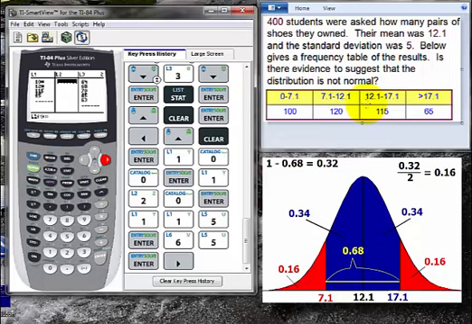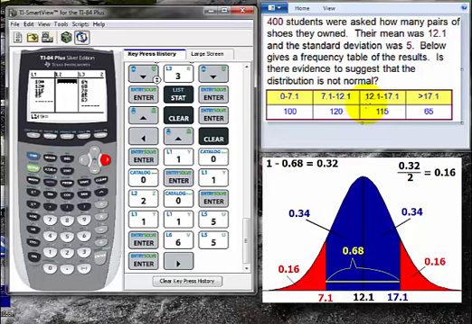Well, we know from the empirical rule that within one standard deviation of the mean, we should expect 68% of the data to lie. Well, if you just want the left-hand side of that, that'll be half of that. Half of 68% is 34%.